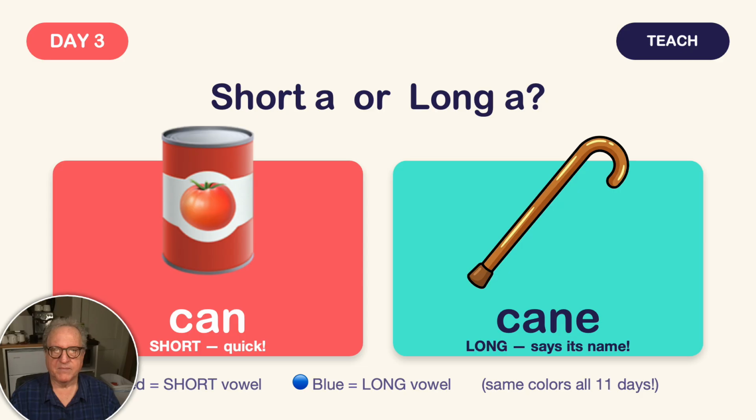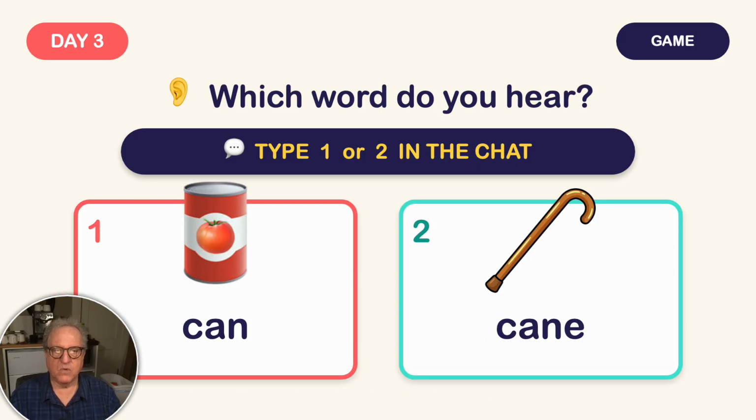And which word do you hear when I say this? I'm going to say one of these two words. You decide which one you heard. Listen carefully. Cane. Which one did you hear? One or two? Did you hear the long, stretchy one, or did you hear the short one? Yeah, it's number two. It's cane.